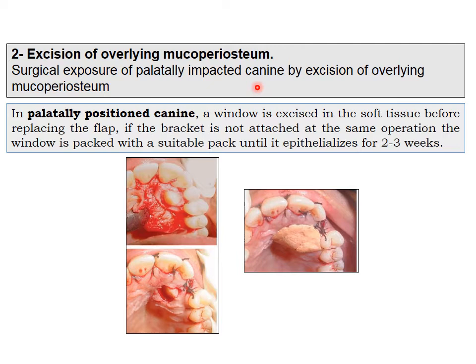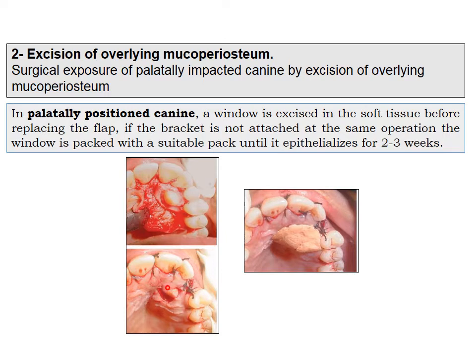If you follow this picture, this is the surgical excision. You do the surgical exposure, lift the mucoperiosteal flap, remove the bone, expose the tooth, and return the flap to its correct place. After that you have to excise part of the mucoperiosteal flap, making a window inside the mucoperiosteal flap.